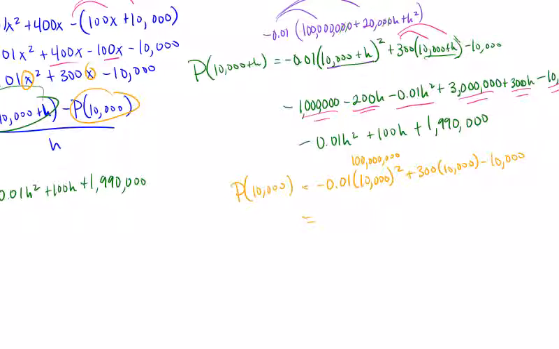Okay, and then 100 million times negative 0.01, we saw that before, that's going to be negative 1 million, right? Then we have 300 times 10,000, which we saw before, which is 3 million. And then finally, we have minus 10,000.